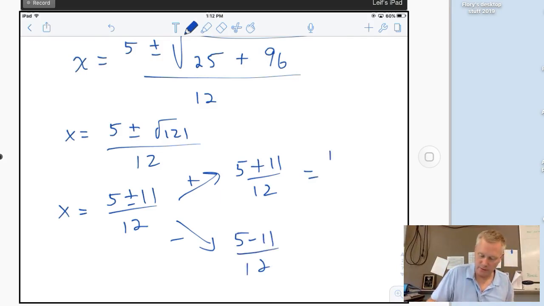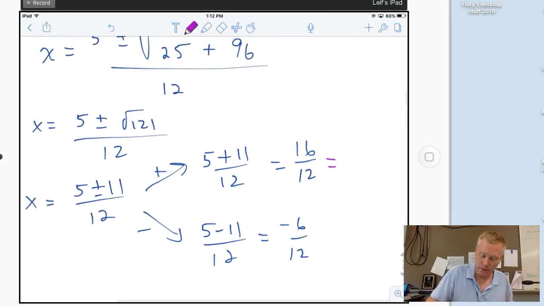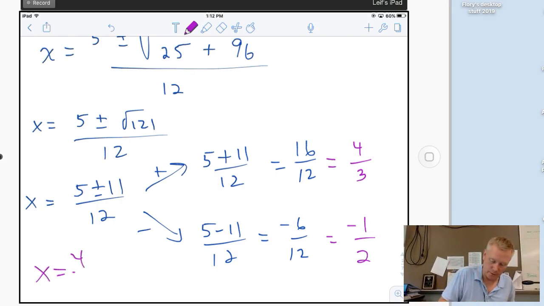So 5 plus 11 is 16 over 12. 5 minus 11 is negative 6 over 12. Now I'm going to reduce those two. Those are both divisible by 4. That gives me 4/3. This one's -1/2. So those are my two answers. X equals 4/3 and -1/2.